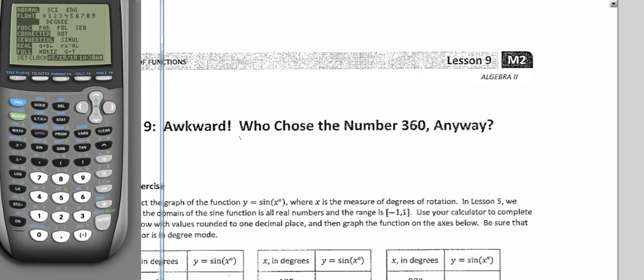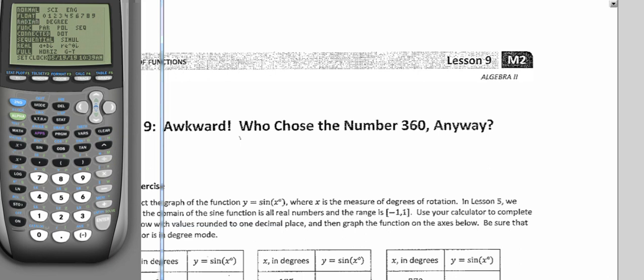So instead of each quadrant, how many degrees is each quadrant? 90 degrees, right? There's 90 degrees in each quadrant. The idea here was, instead of making each quadrant 90 degrees, let's make each quadrant 100 degrees. And then, how many degrees would be in a circle? 400.